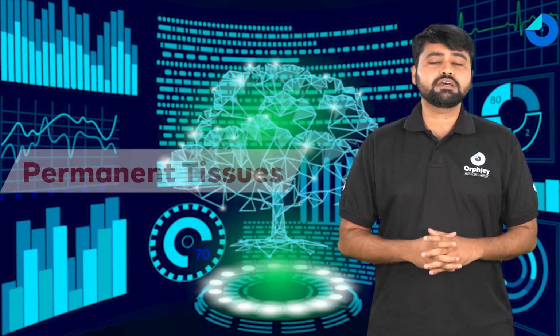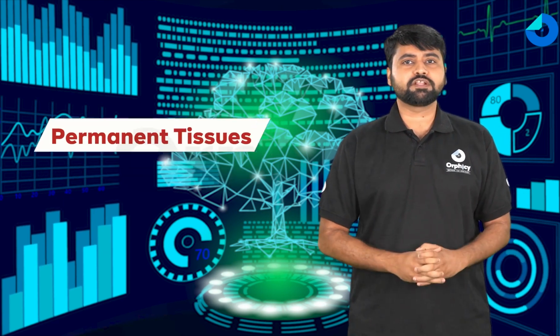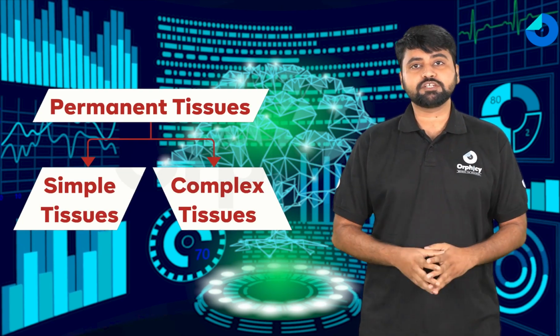Now, the cells which are made from meristematic tissues take up a particular function and shape. Also, they lose their ability to divide. Such cells which have taken a permanent shape and function and have lost their ability to divide are called permanent tissues. These permanent tissues are further divided into simple permanent tissues and complex permanent tissues.